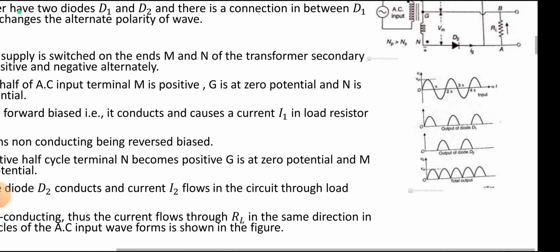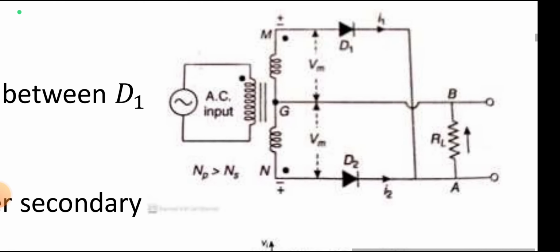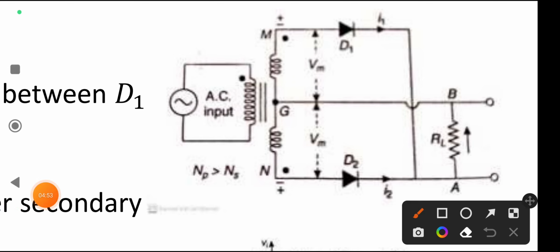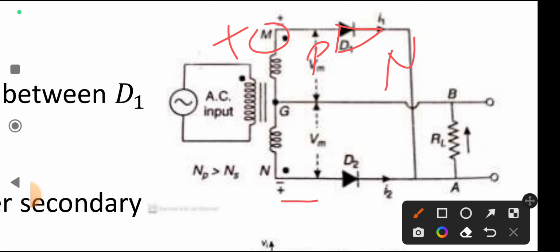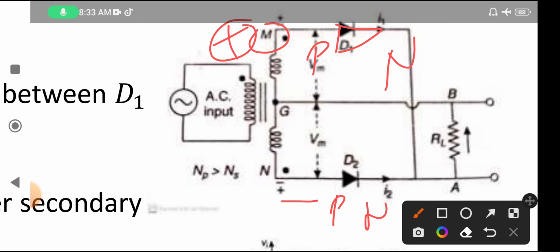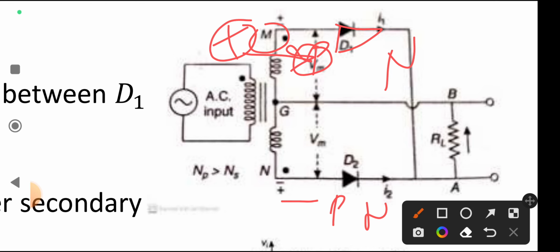See the diagram once again. During the positive half cycle, one terminal becomes positive and the other becomes negative. In diode D1, this side is p type and this side is n type, and the terminal connected to the p side becomes positive. Positive to positive, so it becomes forward biased.